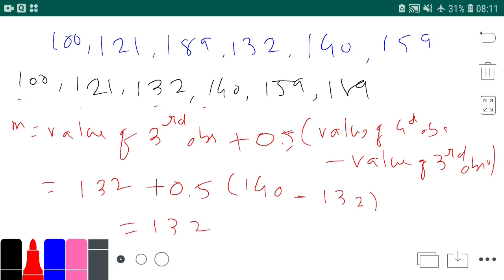So it's 132 plus 0.5 into 140 minus 132, which is 8. So it's 132 plus 4. It's 136. Yes? It's easy.